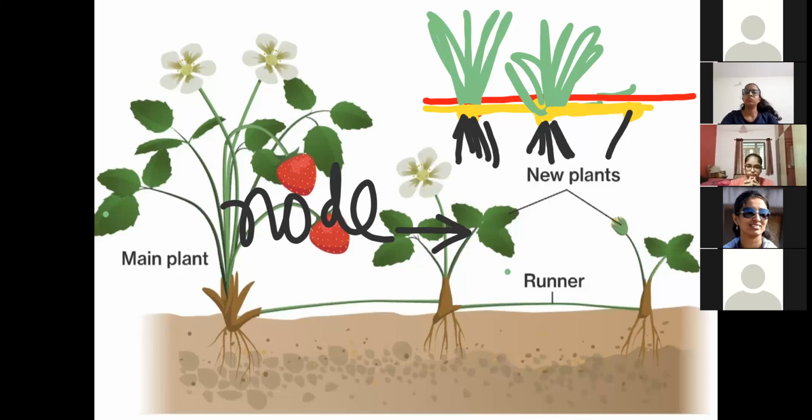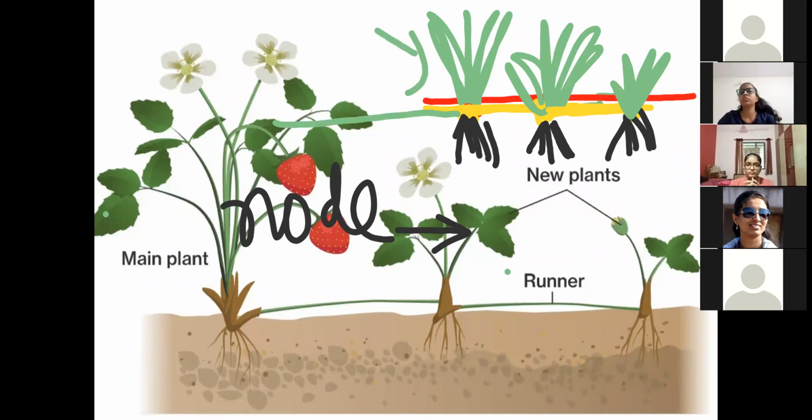So again it will form the root system and then the leafy part. Like that, on both sides, not only one side, this thing happens. That's why I told you that if you pluck one bunch in a garden, one or two other bunches also come with it, because they are connected to each other.